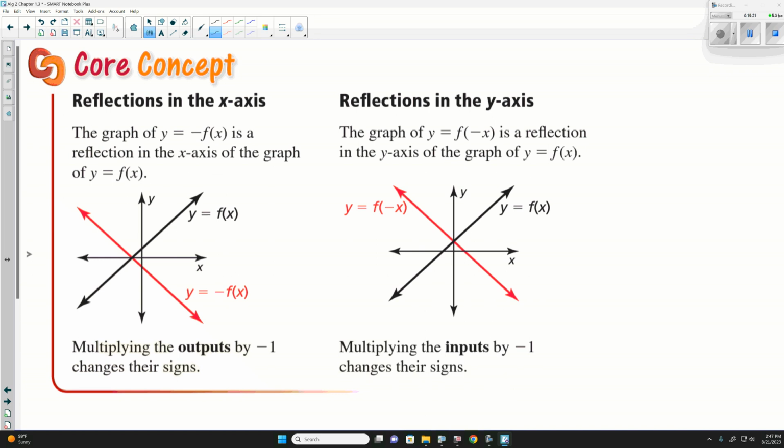Now if it's across the x axis, we're looking at negative f of x. If it's across the y-axis, it's f of negative x. So again, these two things here are going to be important. And we're going to treat this just like we did with our translations up, down, left, right. We're going to start them the same way.